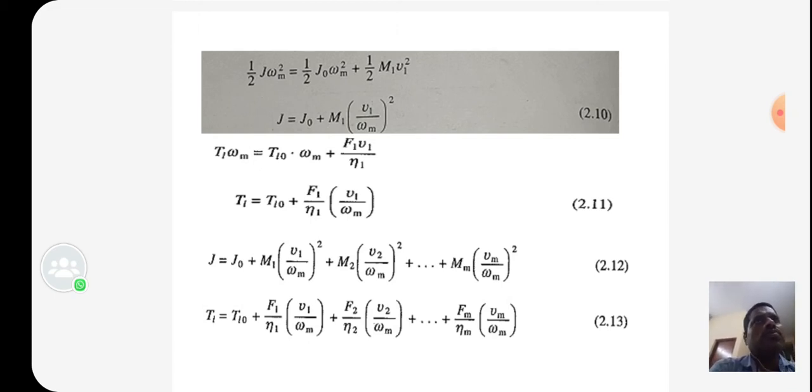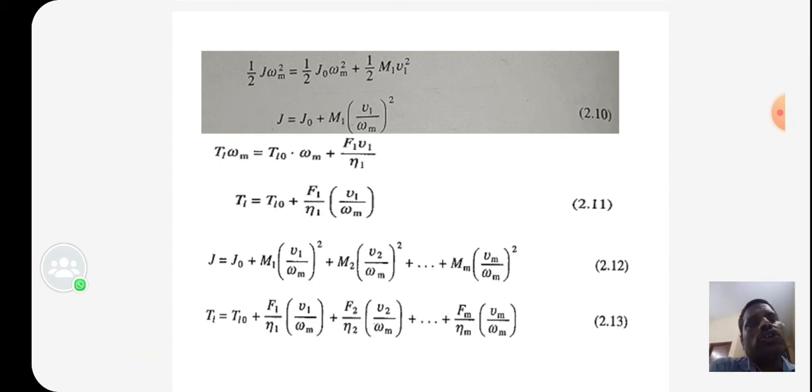Now when a number of loads are connected with translational motion, then the moment of inertia and the equivalent torque equation come like this: J is equal to J0 plus m1 within bracket v1 upon omega m whole square plus m2 within bracket v2 upon omega m whole square plus up to mm within bracket vm upon omega m whole square.